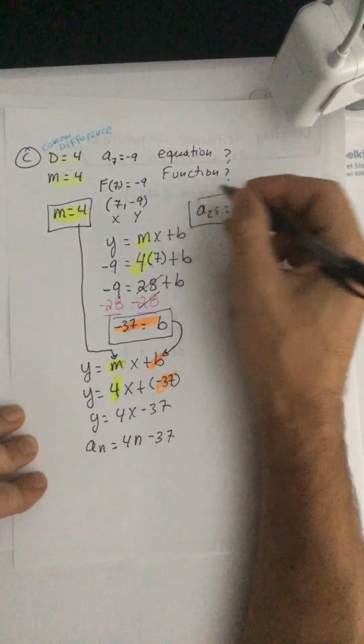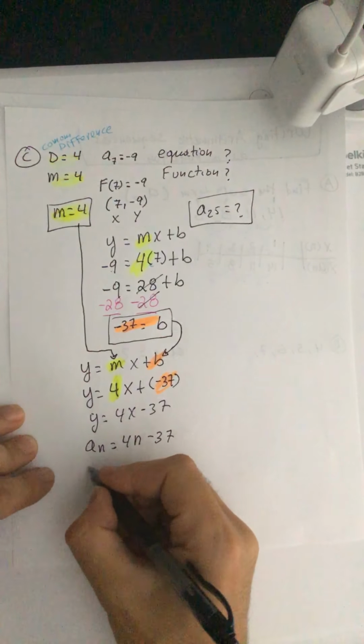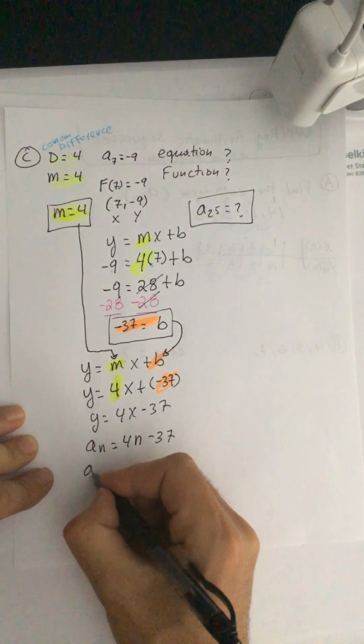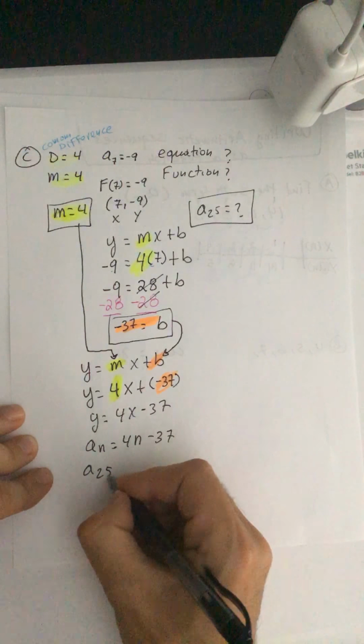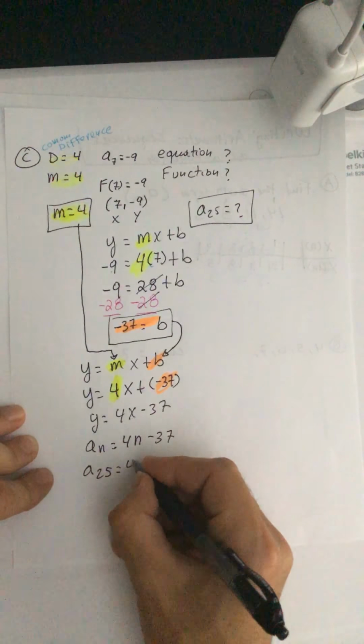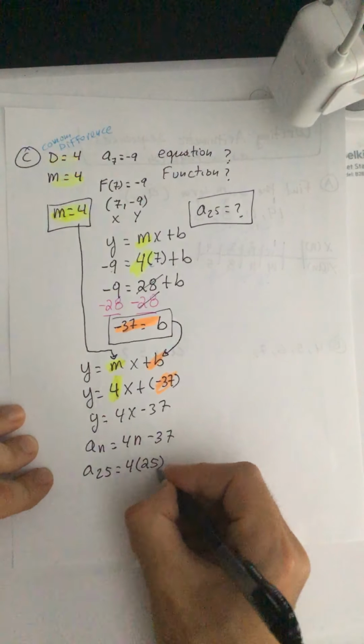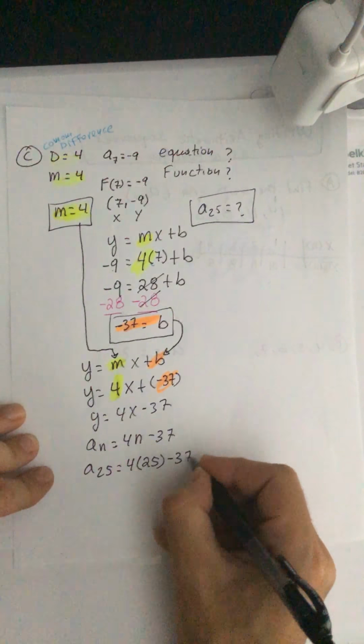Let's ask that question now. I'm going to look for that 25th term. So if I want to look for the 25th term, I can write 25 right there. 4 times 25 minus 37.